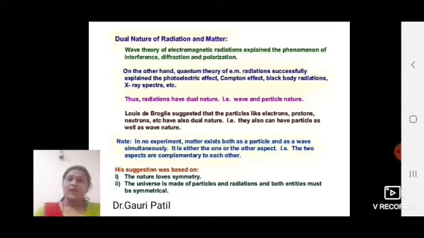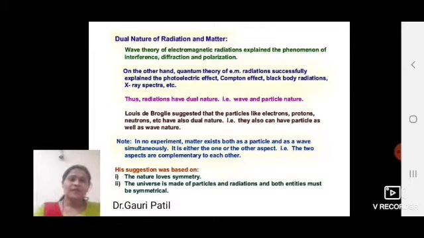Louis de Broglie suggested that particles like electron, proton and neutron have a dual nature. That means they can have a particle as well as a wave nature, meaning nature has a symmetry, as light has a dual nature: a particle nature as well as a wave nature.